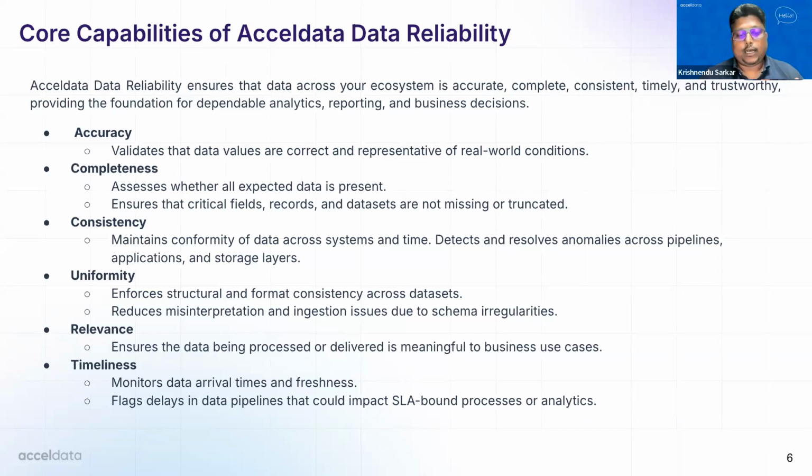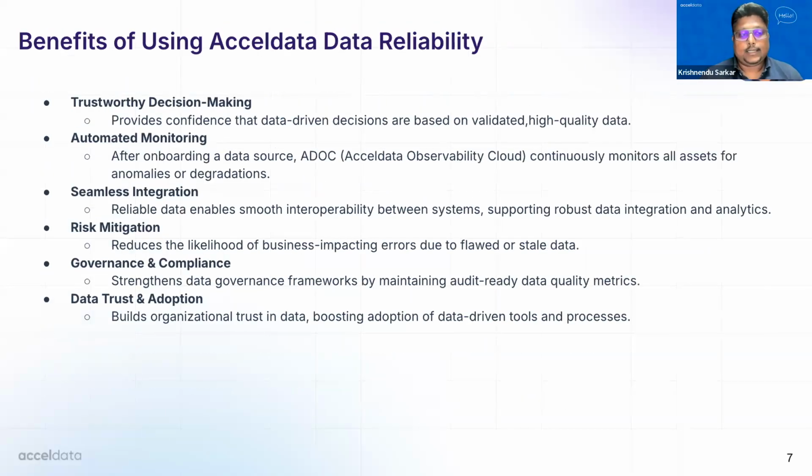Next, coming to the benefits of using Acceldata reliability. There are multiple things which give benefits to the customer. First is trustworthy decision making: high quality validated data gives teams the confidence to make informed, reliable decisions without second guessing the source.